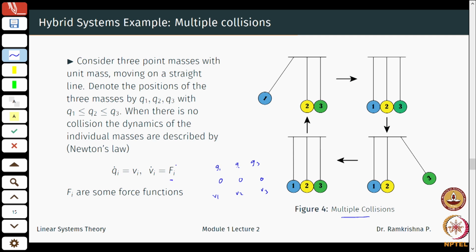This is nothing but Newton's second law written in state space form, or in terms of two differential equations: the rate of the position is the velocity, and the rate of the velocity is related to the force. Now, assuming that the masses here are just unit masses, the m does not appear, so m is equal to 1.